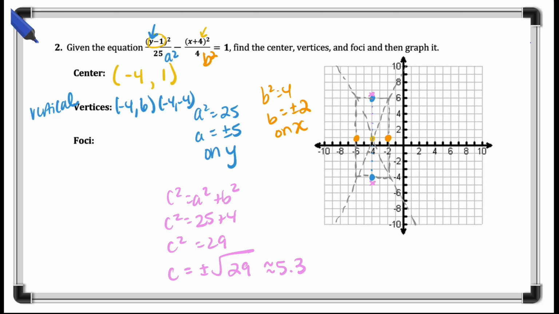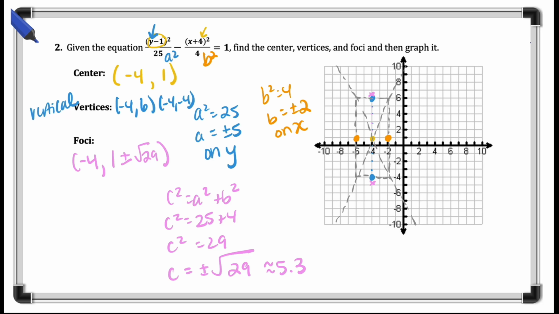Now to find the points for my foci, I know from my center they actually share the same X coordinate. However, the Y is going to change. So from that center where my Y coordinate was 1, I went up the square root of 29, and I also went down the square root of 29.